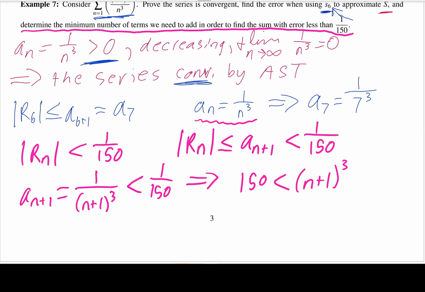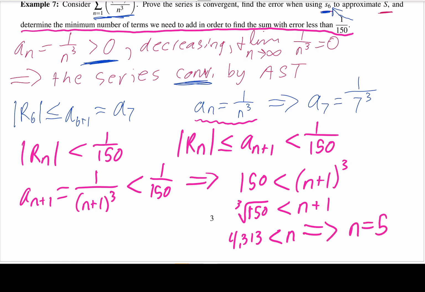Okay, well if that's going to be true, then that means that the cube root of 150 has to be less than n plus 1. Okay, and if I calculate that and subtract 1, what we'll get is that 4.313 has to be less than n, which means that n equals 5 is the minimum number of terms that we have to add to get an error less than 1 over 150.